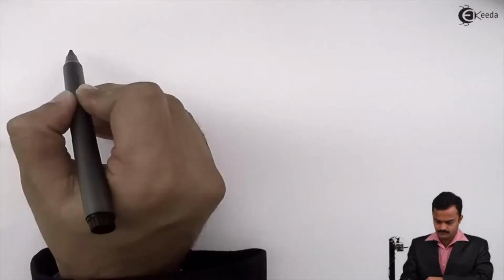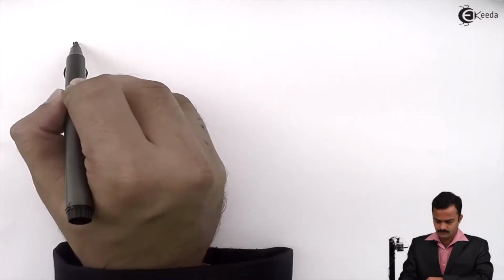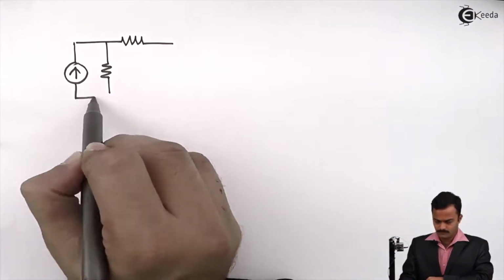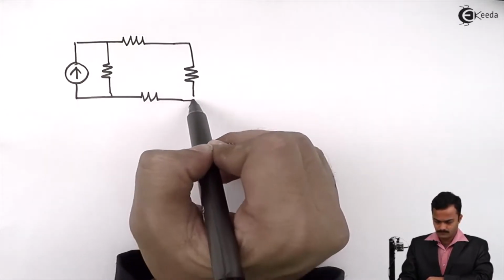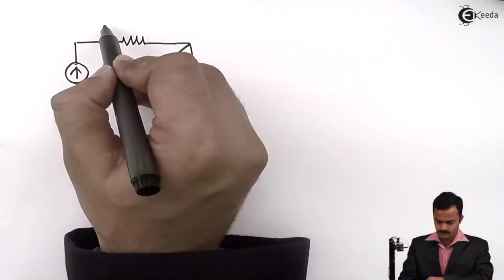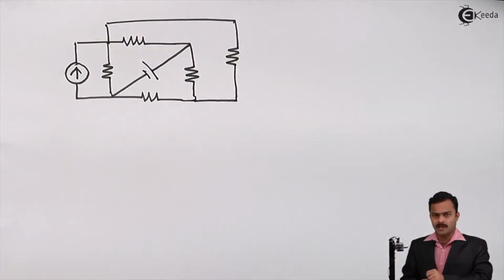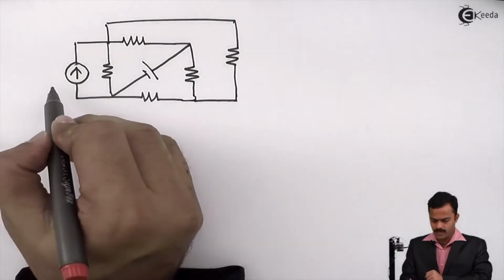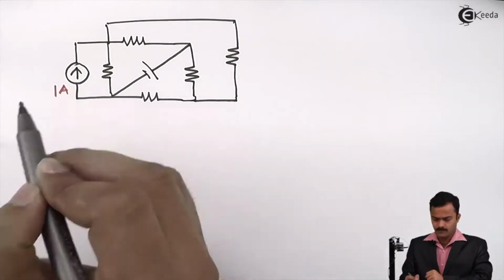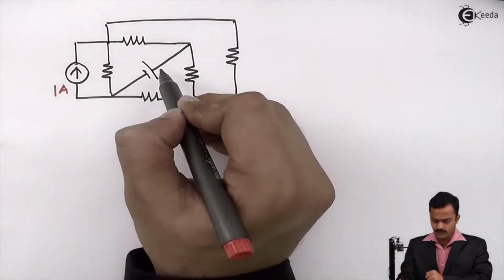of supernode for solving the problem. So let's take a numerical. I have taken a problem having a current source of 1 ampere and a voltage source of 1 volt.